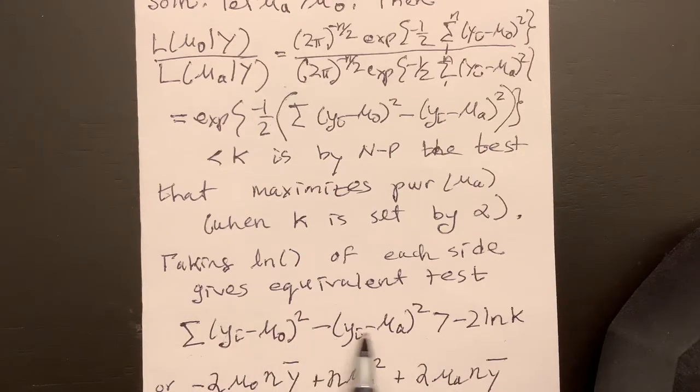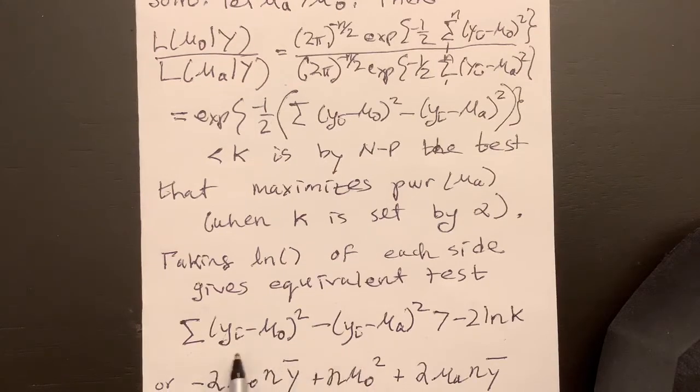Now I square these out and apply the summation. The yi squareds cancel. What do I get? I get -2 mu 0 n y bar, plus n mu 0 squared.